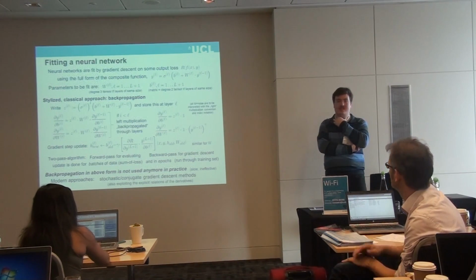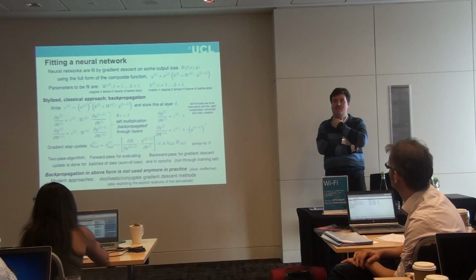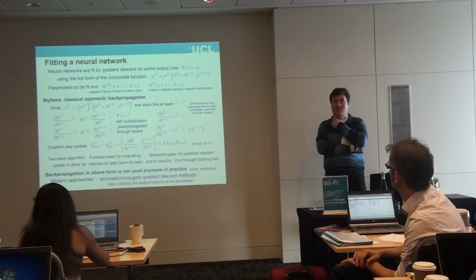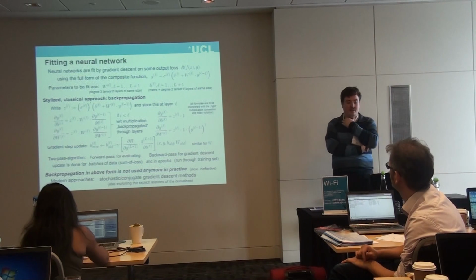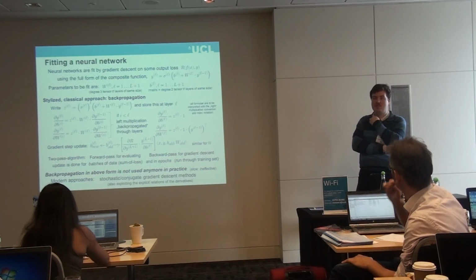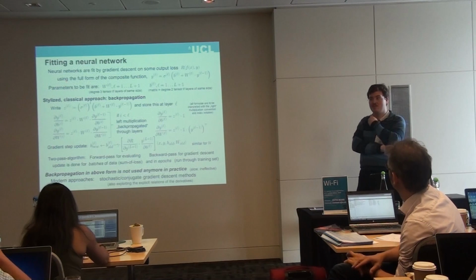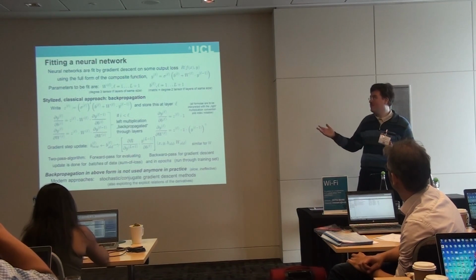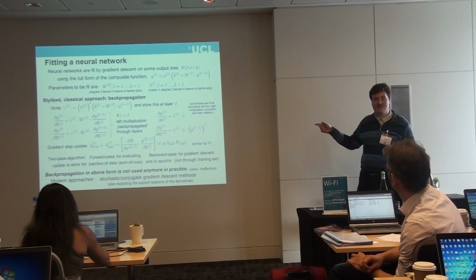So it's just like least squares regression. In least squares regression you have your alphas and your betas, right? You minimize the residual sum of squares given the data, over the alphas and betas. Everyone happy with that? Now here, instead of alphas and betas, you have W's and B's.